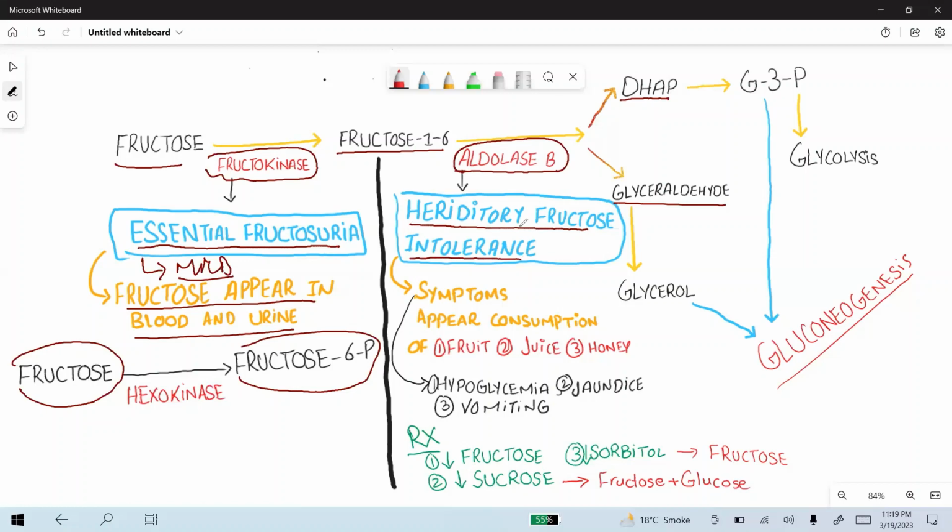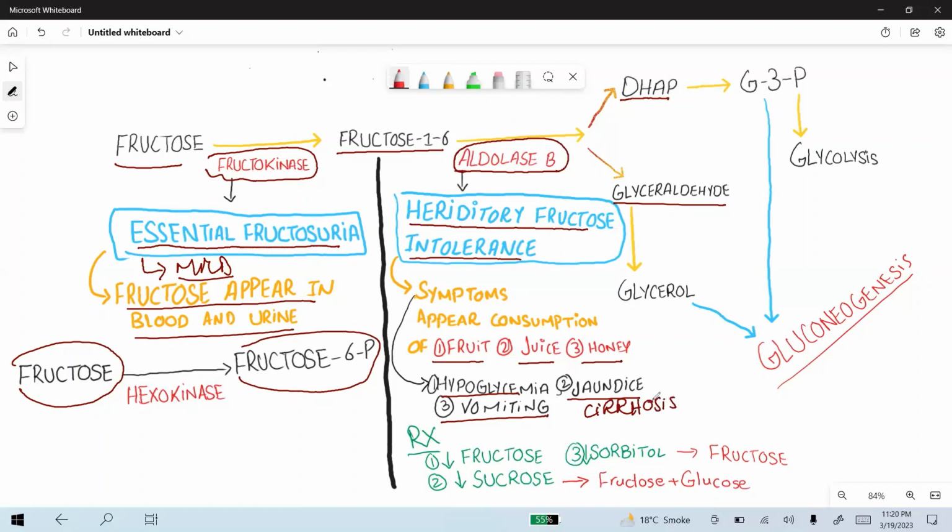The symptoms appear after consumption of fruit, juice, or honey. This is high-yield. The symptoms and signs are hypoglycemia, jaundice, and vomiting. In chronic cases, cirrhosis is also a finding in hereditary fructose intolerance.